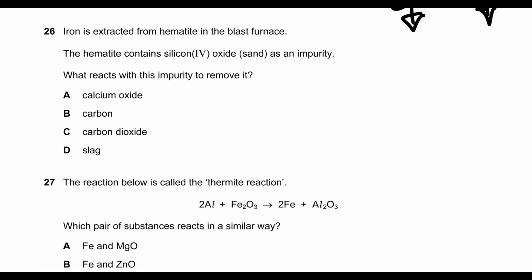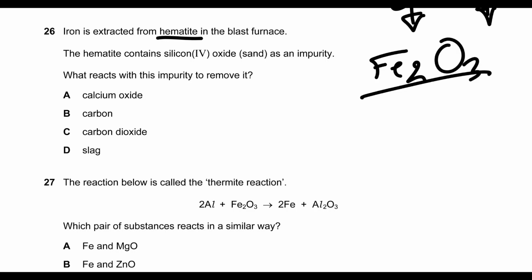Iron is extracted from hematite. Hematite is iron oxide, the ore of iron. Because it's an ore, it's not pure, and there are some impurities. These impurities are actually silicon oxide, which is sand.